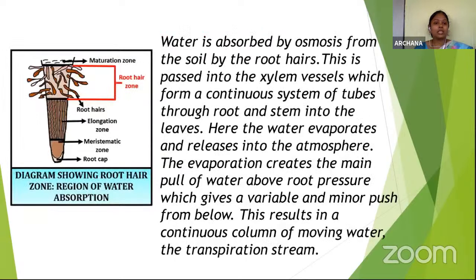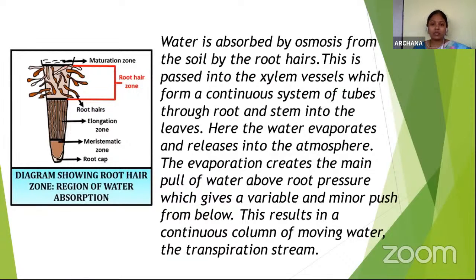Now, children, in this picture, we can see a diagram showing the root hair zone, and this is the region of water absorption. Water is absorbed by osmosis from the soil by the root hairs. This is passed into the xylem vessels, which form a continuous system of tubes through root and stem into the leaves.